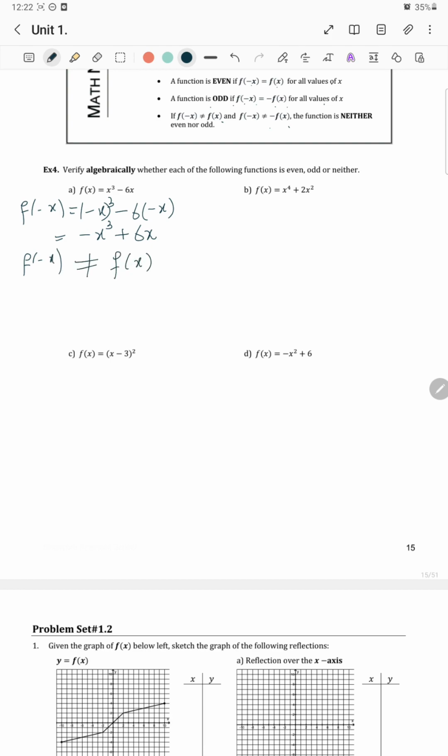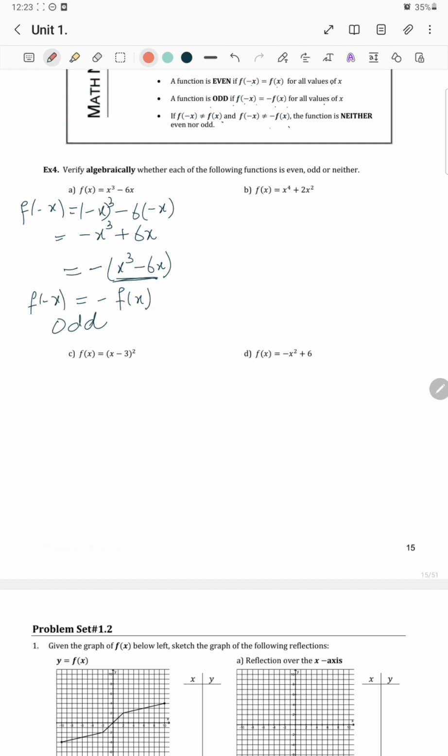When f of negative x is not equal to f of x, it means... or we can just simplify it before giving the answer, minus x cube minus 6x. So f of negative x is equal to minus, and this term is f of x. So f of negative x is equal to minus f of x, so this function is odd.